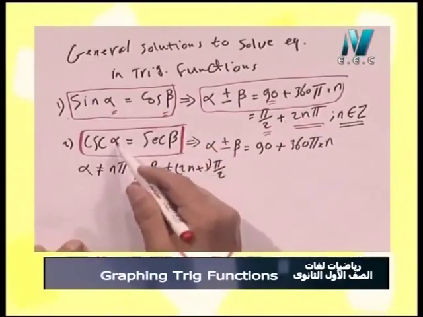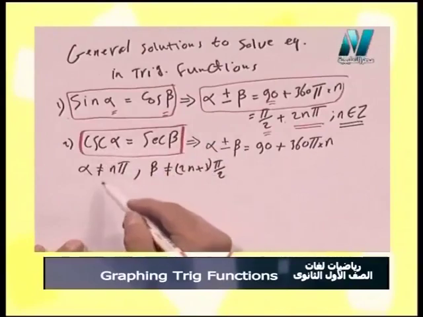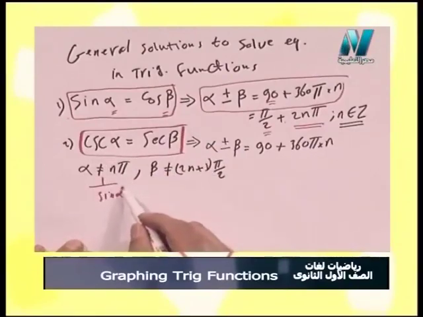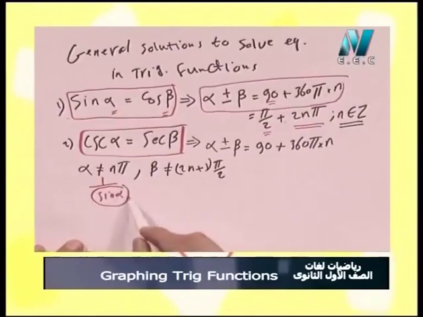Cosec means 1 over sine. 1 over sine alpha means it is forbidden for you to put sine alpha equal 0, because 1 over 0 is meaningless, an undefined number. So you cannot put alpha with values that make this part equal 0.